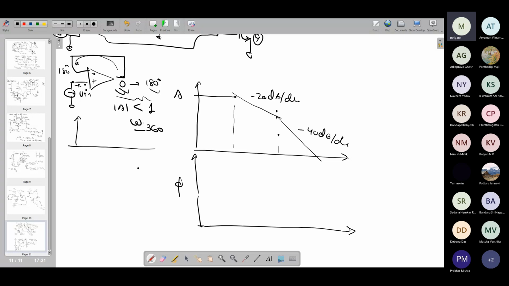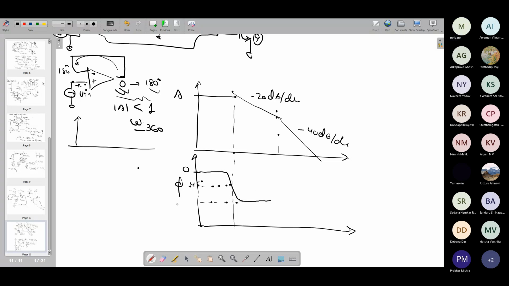At 0 omega, whatever phase shift you have for the amplifier, suppose in this case it is 0 degree, and then exactly at the first pole, how much do we get? Exactly, we get an additional minus 45 degree, and then at a frequency significantly higher than the first pole, it saturates at minus 90 degree.